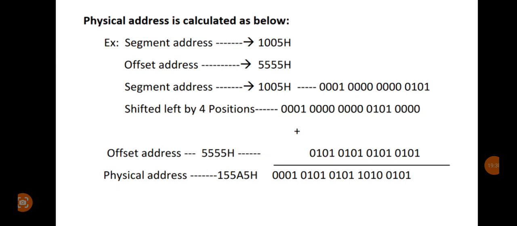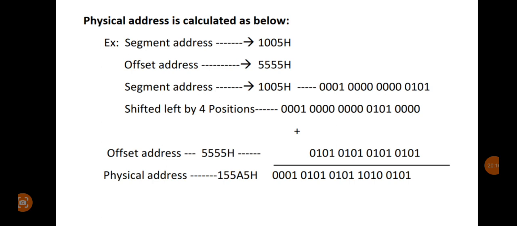So the segment address in binary: 1 is 0001, 0 is 0000, again 0 is 0000, and 5 is 0101, shifted left by 4 positions. Now it should be multiplied by 10, so that's why we are appending an extra 0 to the binary data, and adding it with the offset address. Then you finally calculate the physical address.